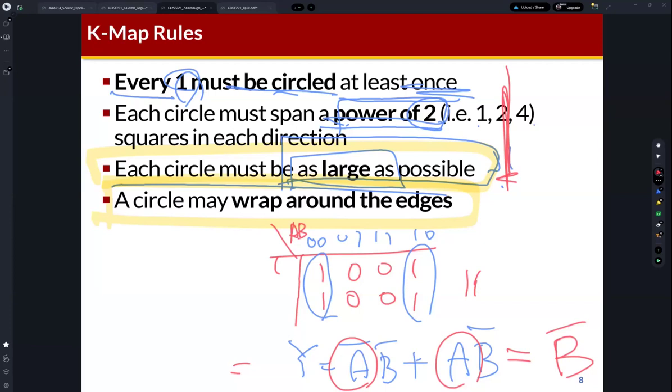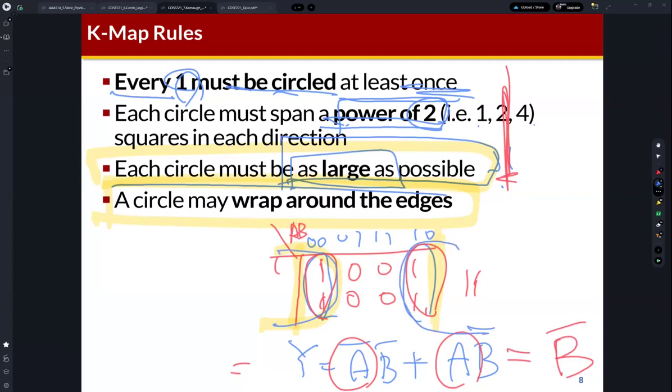Even though this column is separated from this column, we can think that this edge is connected to this edge. Do you understand? So we need to merge like this, this one and this one.